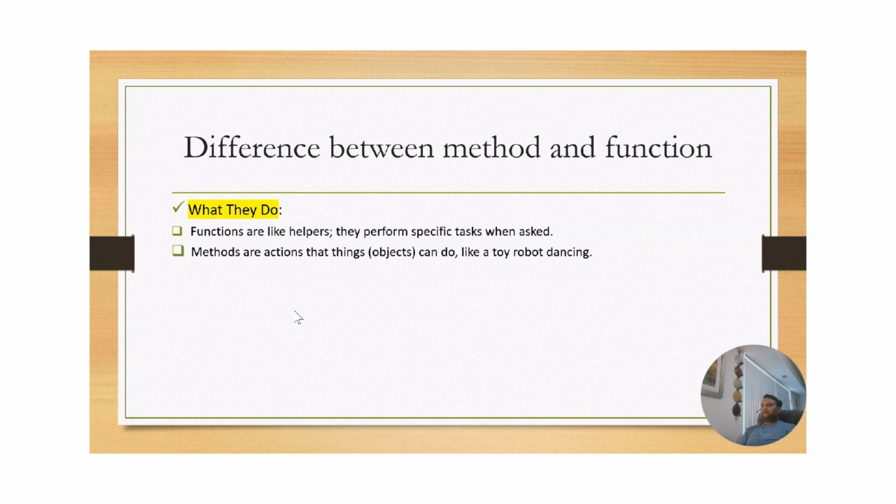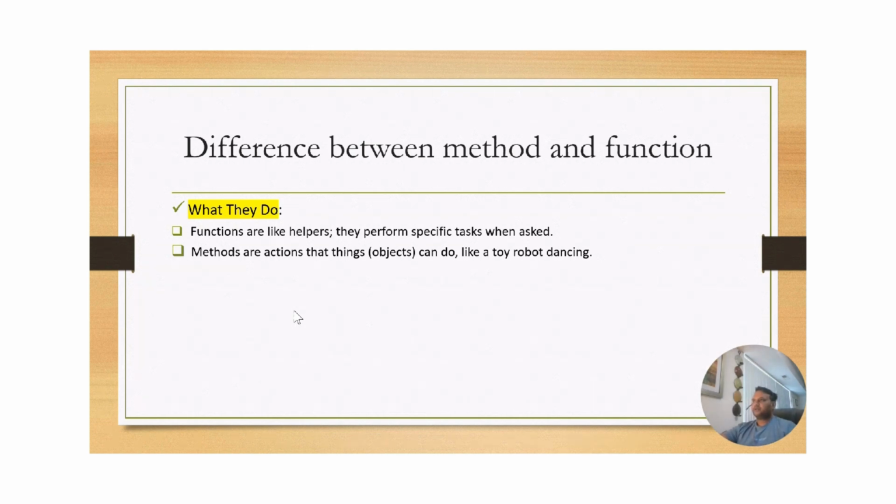Let's understand the method and function, right? So both are doing the same activities, the same actions, but methods are fully dependent on an object, whereas functions are independent.